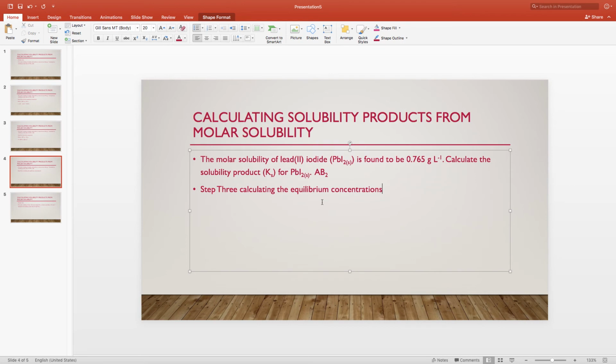And for us here, it really is just a matter of taking the grams per liter and converting that to moles per liter first.